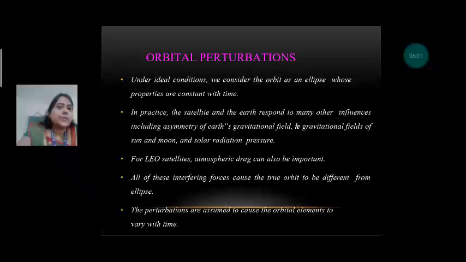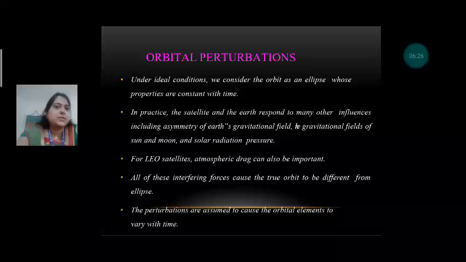Next is the orbital perturbation. Perturbation is nothing but any disturbance to the orbit due to the gravitational force of the Sun and Moon, the power or noise exerted due to environmental conditions, heat aberrations and all those factors which cause disturbance and make the orbit not stay in its right position. So that we call an orbital perturbation.